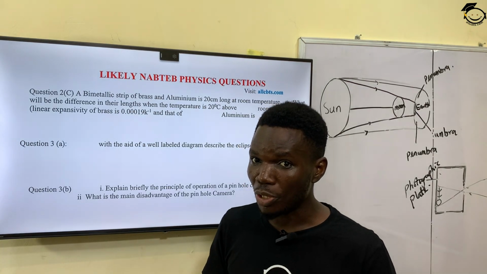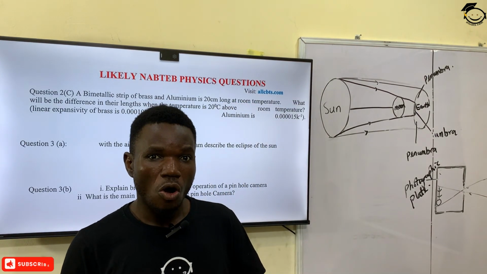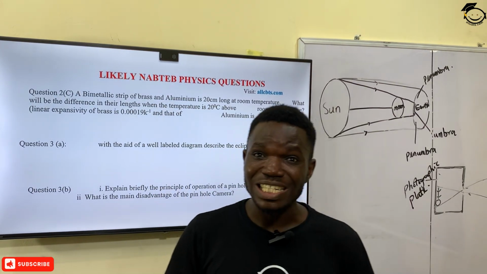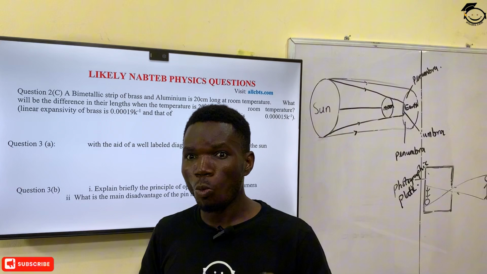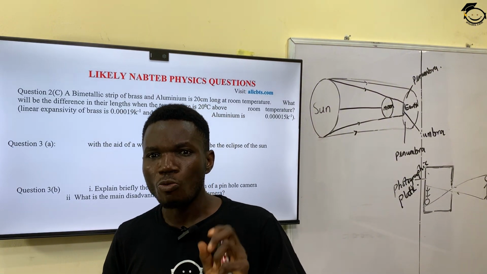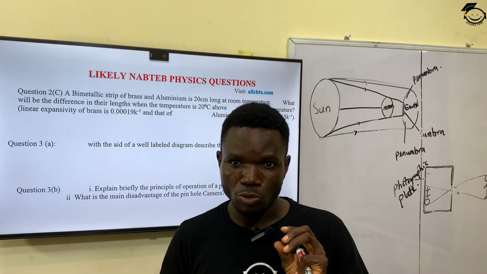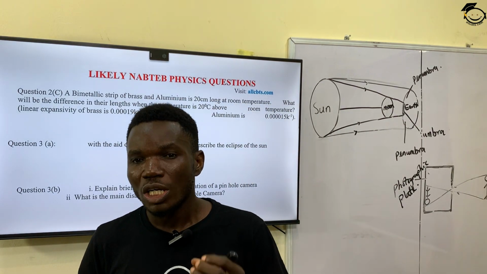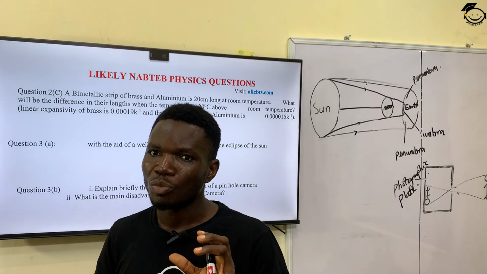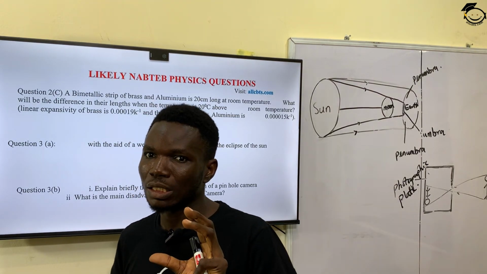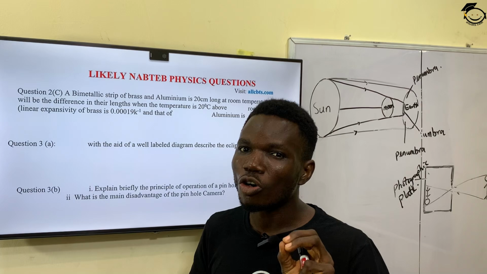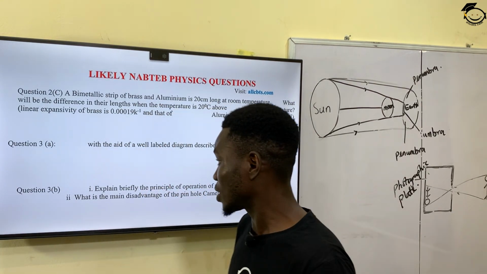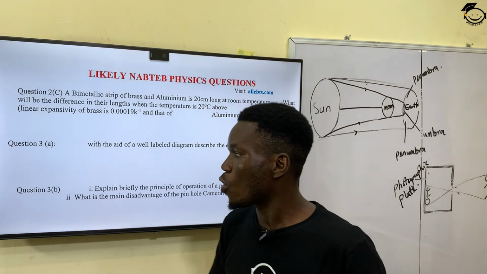Another disadvantage is that if the aperture is wide, the image will be blurry. But when the aperture is small, the image will be sharp, but it will be darkened, because there's not enough light within the pinhole camera. So these are the disadvantages of the pinhole camera.